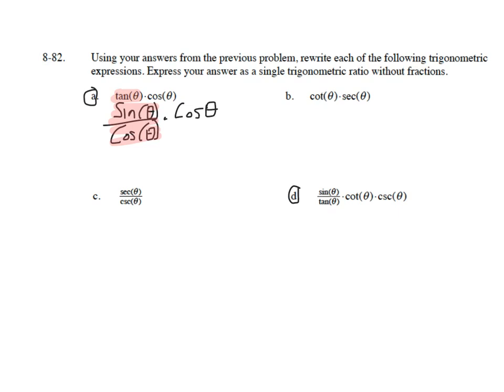What happens here is this is the same as cosine over 1. You can reduce your cosines, and you're left with that single trigonometric ratio without a fraction. I'm left with the sine of theta. So the tangent theta times cosine theta is the same as the sine of theta.